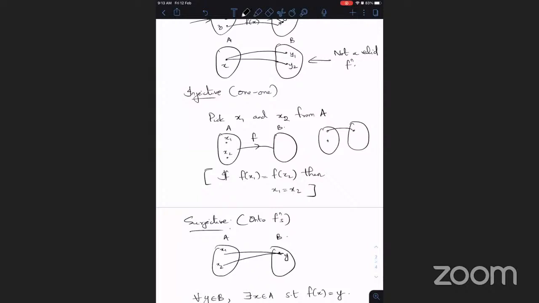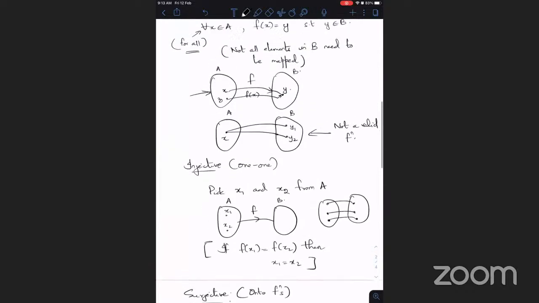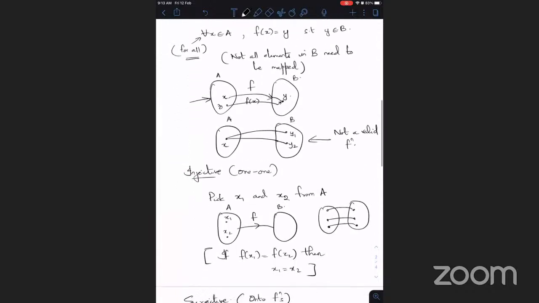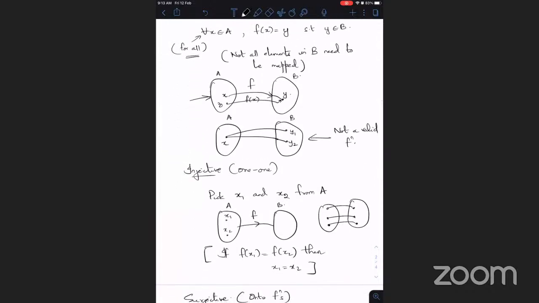So this is how a one-to-one function will look. Multiple elements can't be mapped to the same element in the codomain. And to make things more precise, I haven't defined what a range, domain, and codomain are, but I hope you guys know it already. I hope, Rahul, it's clear for you.